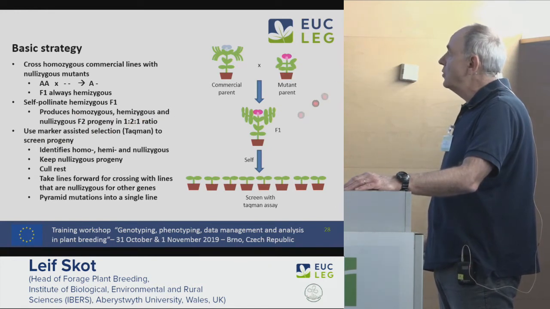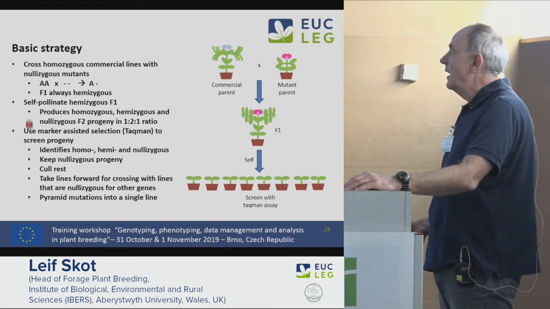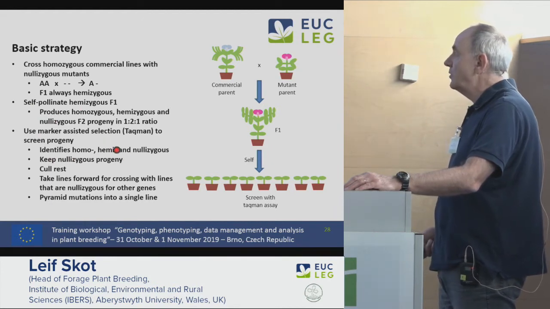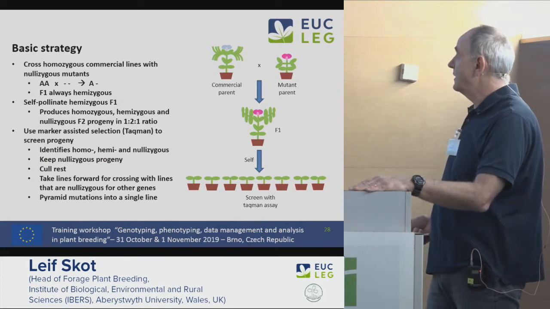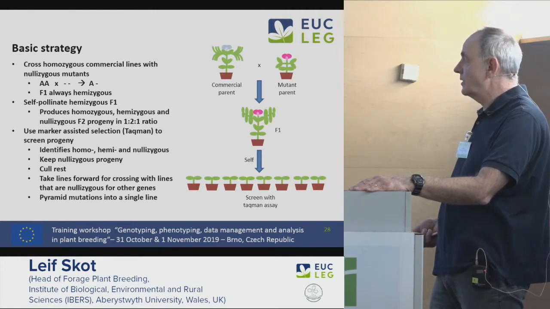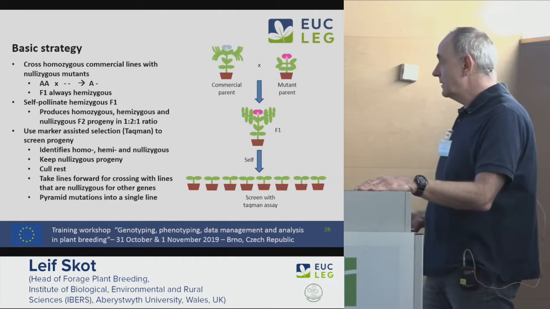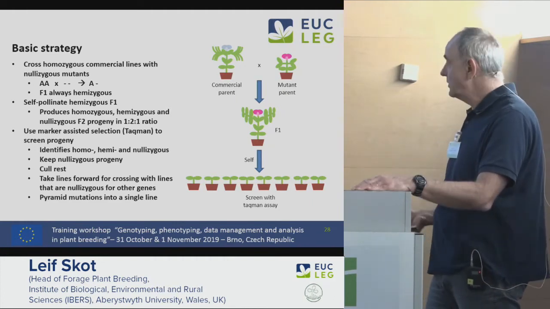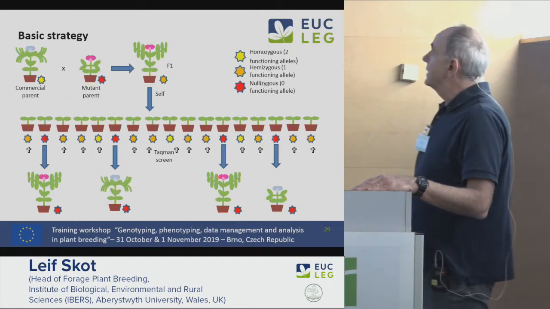And then you use marker-assisted selection. They have TaqMan markers associated with those mutations. You screen the progeny, identify your lines, and keep your nulli-zygous progeny. You cull the rest and take the lines forward to crossing with lines that are nulli-zygous for the other genes, and you try to pyramid those mutations into a single line.